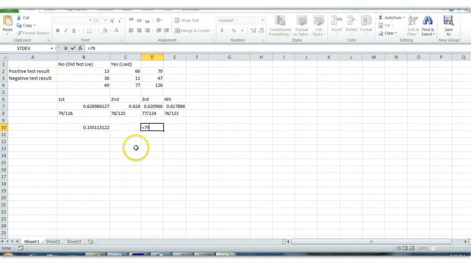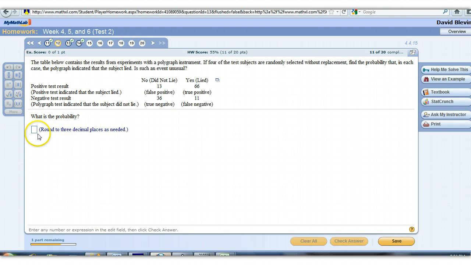So I could do 79 out of 126 times 78 out of 125 times 77 out of 124 times 76 out of 123, and then just multiply it like that. Alright, we get the same thing whether we use the cells individually to be the fractions and multiply it, or if we just do all the multiplication in a single cell. Alright, so there's our probability, 0.150 to 3 decimal places, which is what they usually want.